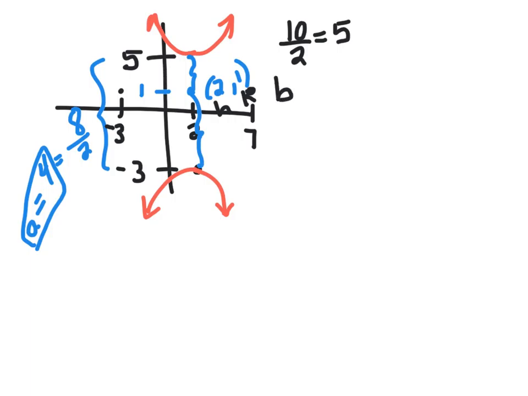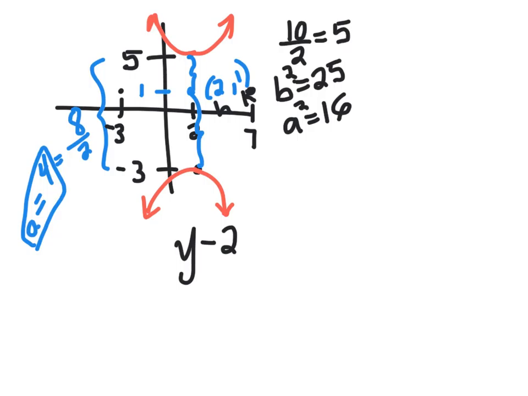So B squared is 25. A squared is, did you say 16 when you said A, right? Okay, so 4 squared, which is 16. So I have my A squared, my B squared, and my H and my K. So I'm ready to get the equation. So what's going to be the equation? Opening up and down. So where do I start? Y, the K, right?